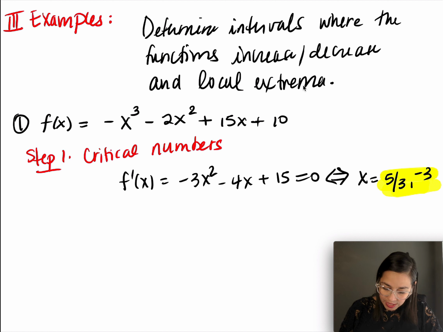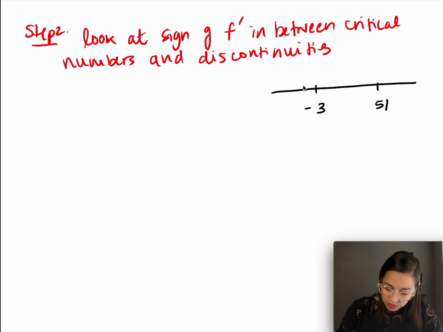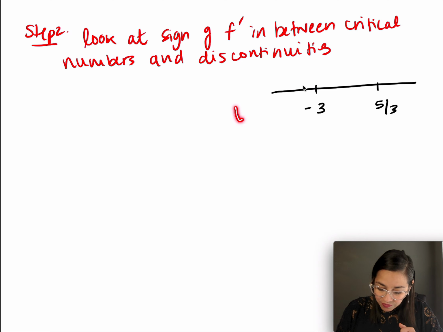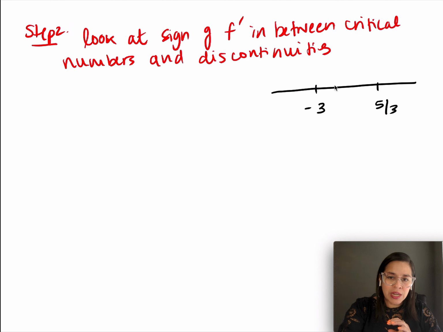So I literally take the x-axis, and I know that here I have negative 3 and here I have 5/3. I want to look at the sign of the first derivative before negative 3, in between negative 3 and 5/3, and then after 5/3. I know that if the sign of the derivative changes, it'll change at either negative 3 or 5/3.